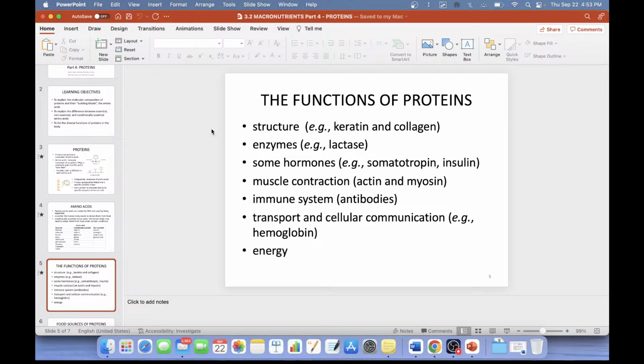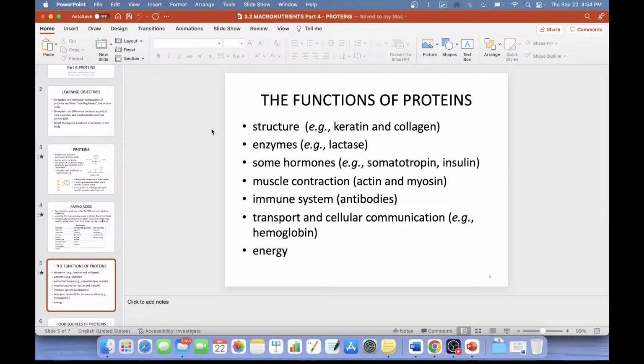Some hormones are proteins. So somatotropin, which is the growth hormone that regulates growth, is a protein. Insulin, about which we will talk next time, which is the hormone that regulates the level of glucose in the blood, one of the two hormones that regulates the level of glucose in the blood, is a protein.